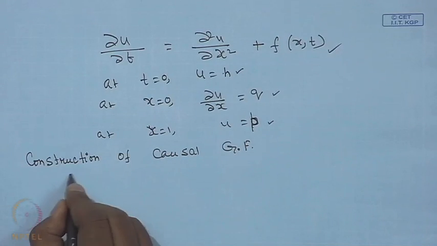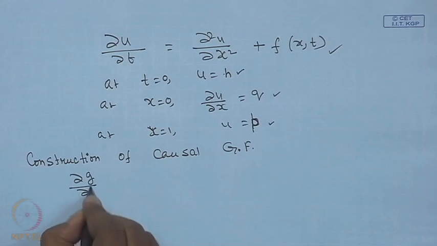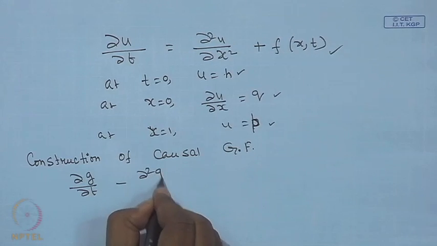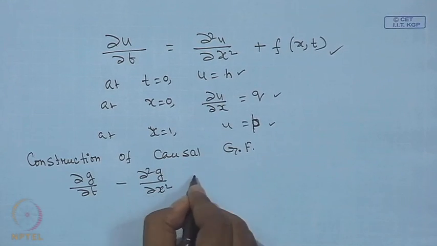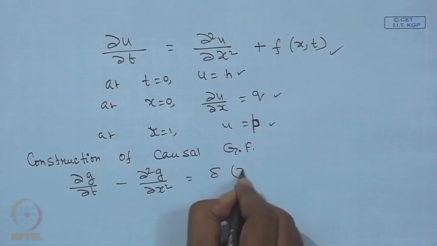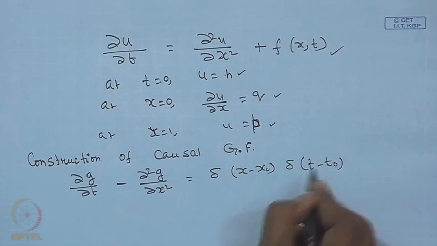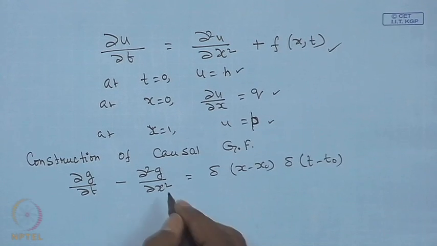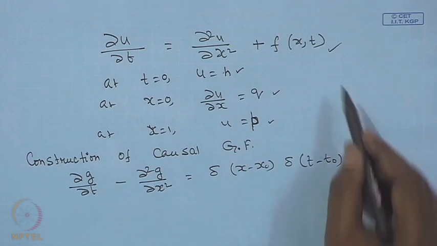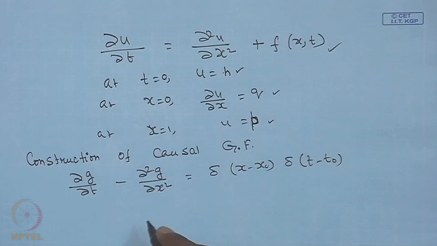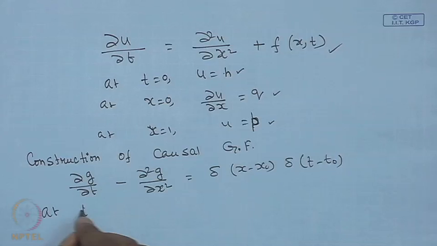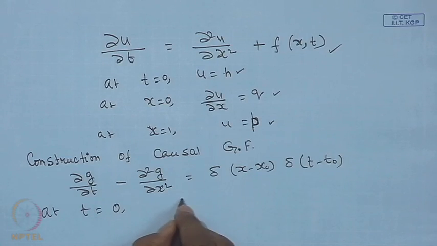It will be del g del t minus del square g del x square is equal to delta x minus x naught delta t minus t naught. So, that is the construction of the causal Green's function. Now, we have replaced the non-homogeneous term in the governing equation by a Dirac delta function of 2 dimensions, and then we write down the initial and boundary conditions.